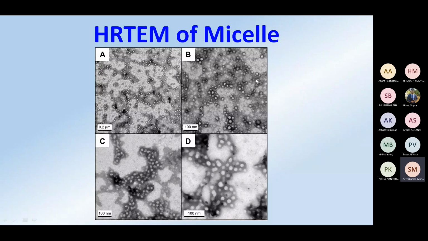Then you get to know how much the core was loaded. When you release the drug, you can collect those micelle samples and check the microscopic image again, and then you get to know quantitatively how much drug was encapsulated and how much was released.